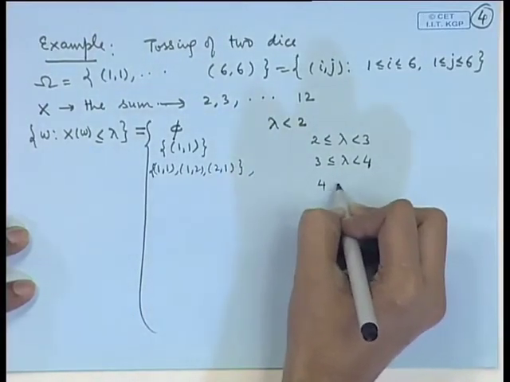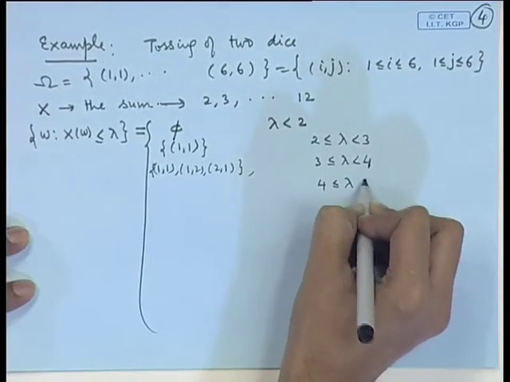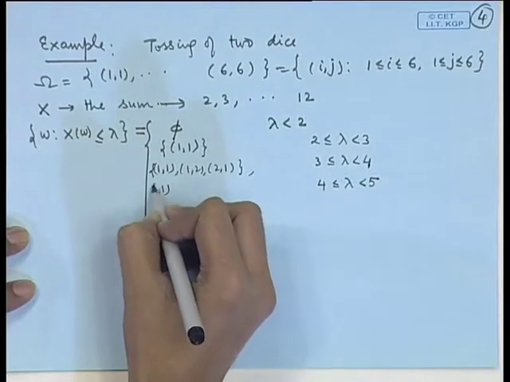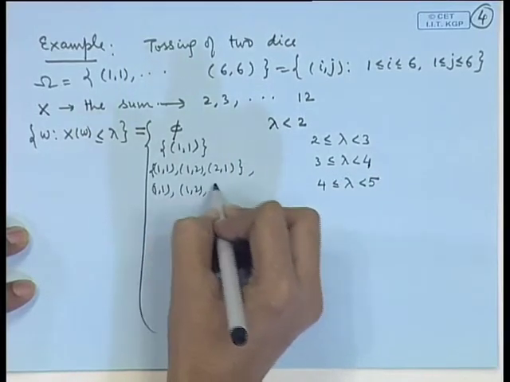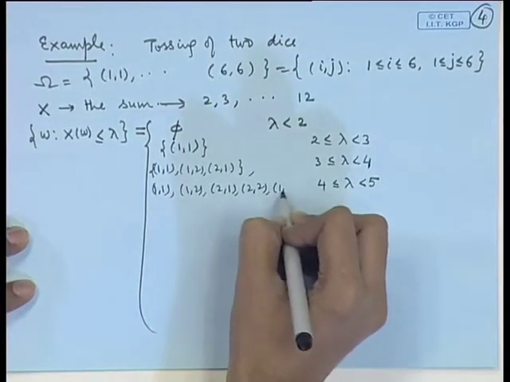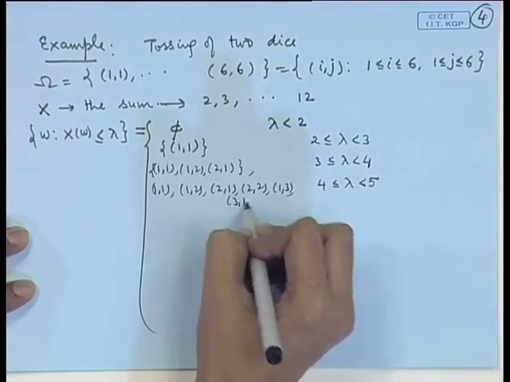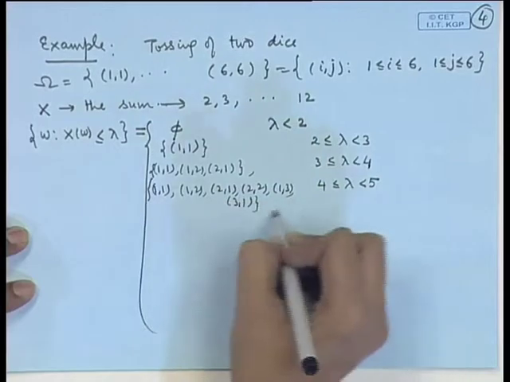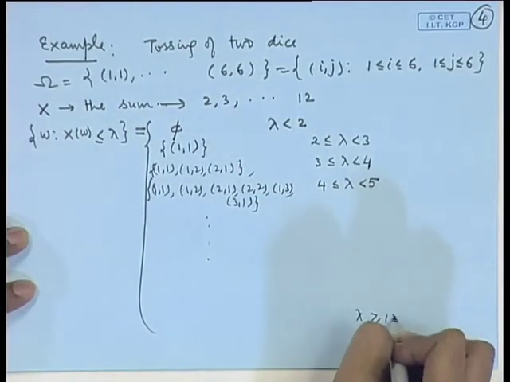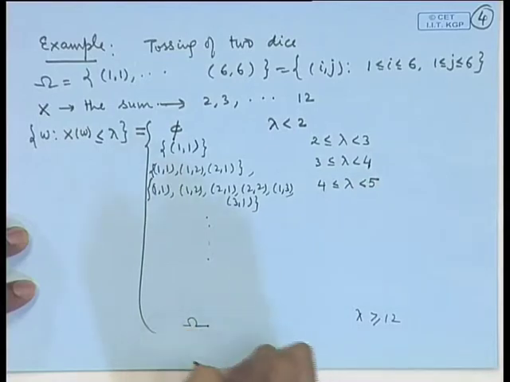If I have lambda greater than or equal to 4, but strictly less than 5, then this will become equal to (1,1), (1,2), (2,1), (2,2), (1,3), (3,1). Like that, if I say lambda is greater than or equal to 12, then this will be full omega.